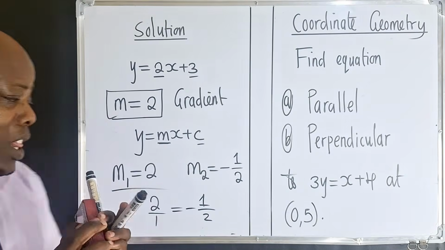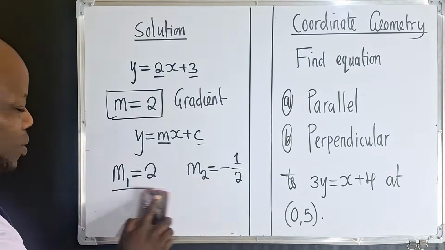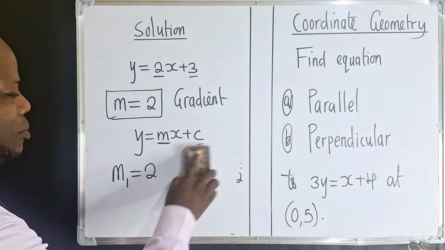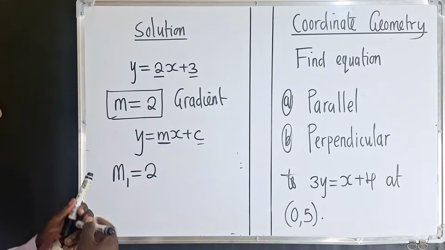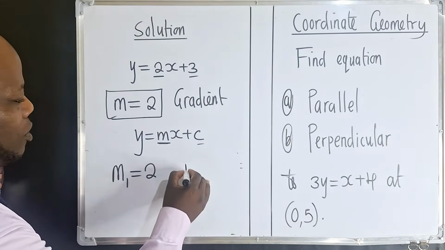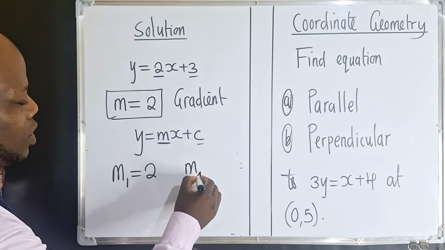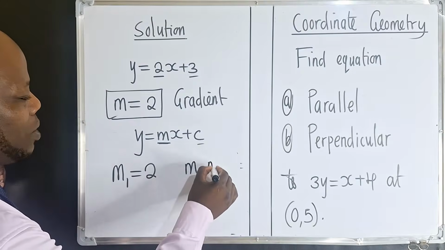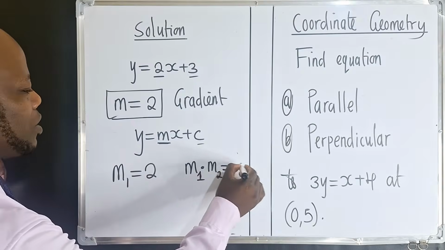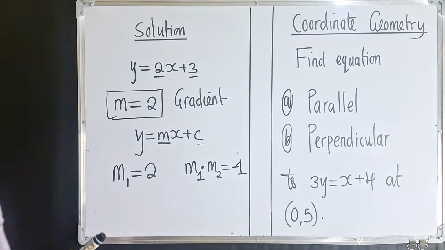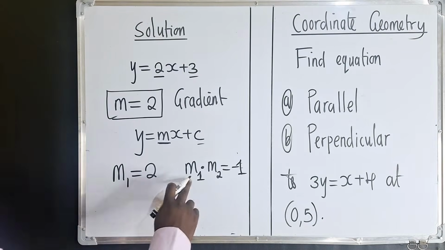Now, let me show you the other one, which you can be using. Here, we need to calculate. For perpendicular to be found, you say M1 multiplied by M2 must give us negative 1. That's the formula we use. So what is our M1?